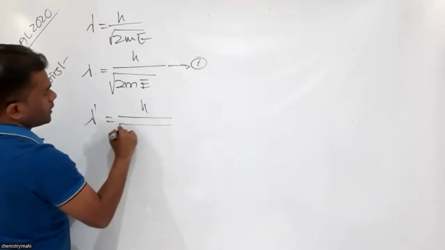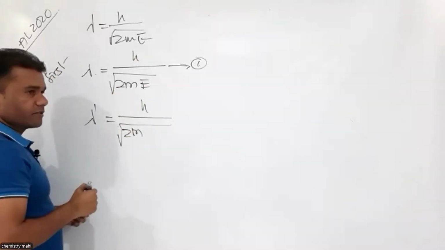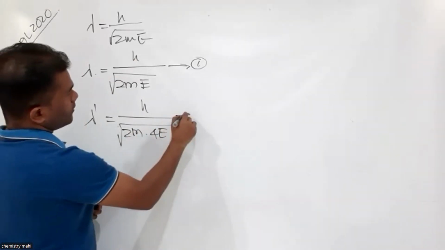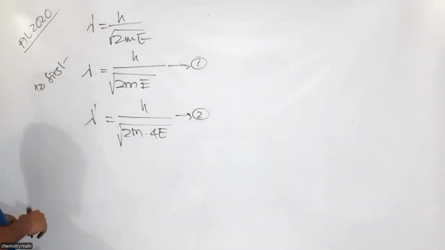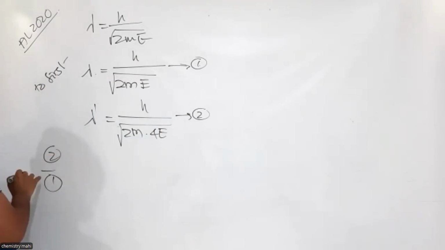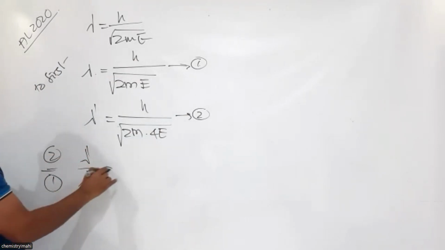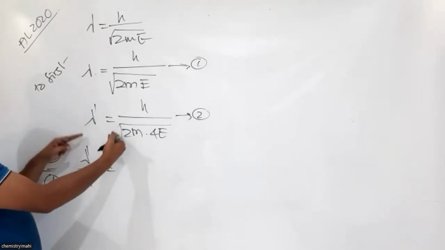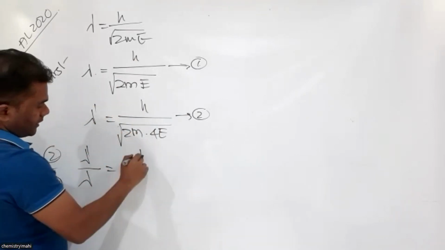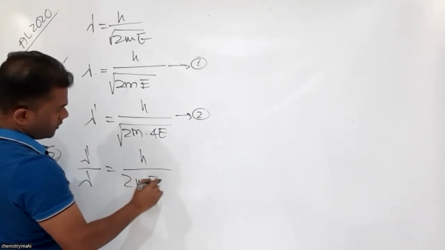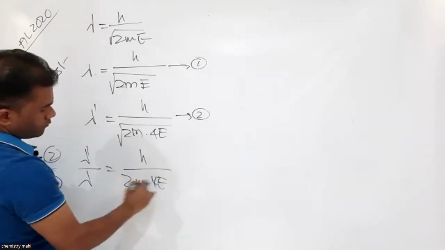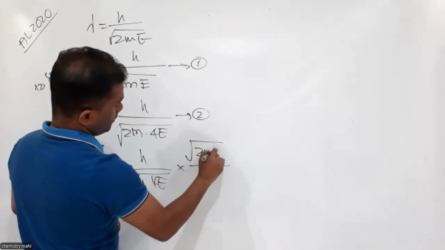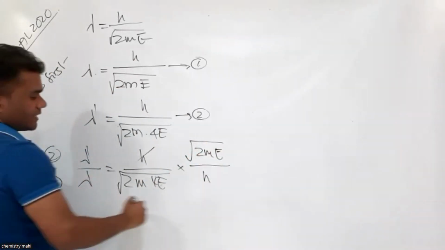h is constant, 2 is constant, mass is also constant because both cases are a neutron, and the kinetic energy is increased 4 times. But I need lambda dash, therefore I divide the second equation by the first one: lambda dash over lambda. The second is h over root 2m4E, and the first is multiplied upside down, root 2mE over h. Then h cancels out easily.